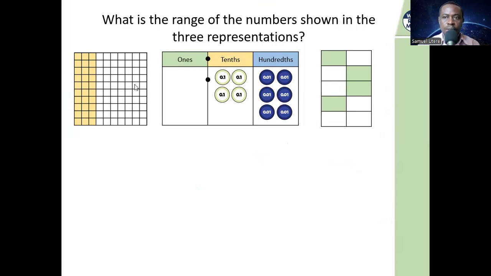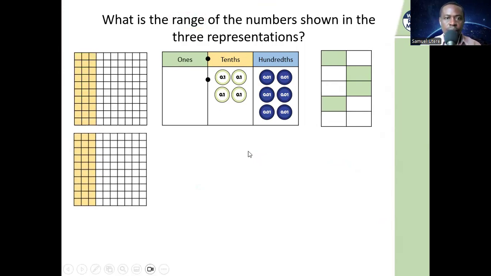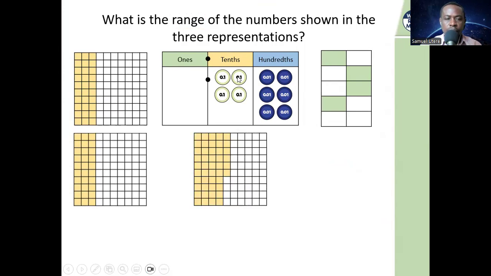We know the range is the smallest subtracted from the largest number. So if we put the representations, this is what we have. This will be 4 tenths and 6 hundredths. That is equivalent to shading 46 squares, so 46 hundredths.